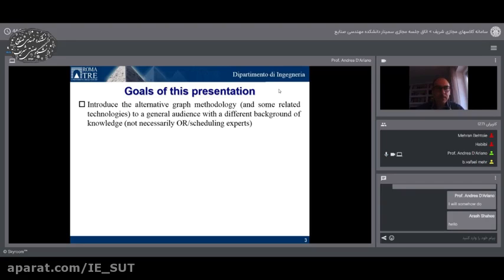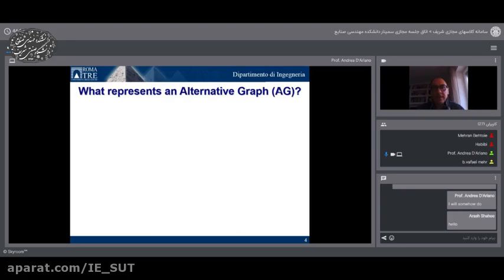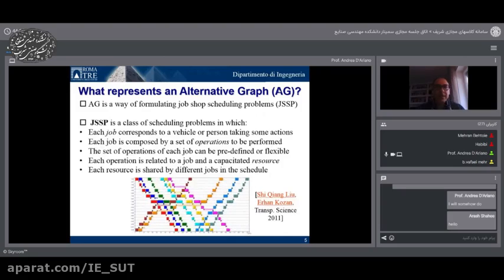What is an alternative graph? Again, it's a way of formulating a job shop scheduling problem. What is a job shop scheduling problem? Just for people that are not familiar, it is a scheduling problem, one of the most complex, in which each job corresponds to a vehicle or a person taking some actions. Each job is composed of a set of operations, which are the most atomic actions to perform by this job.